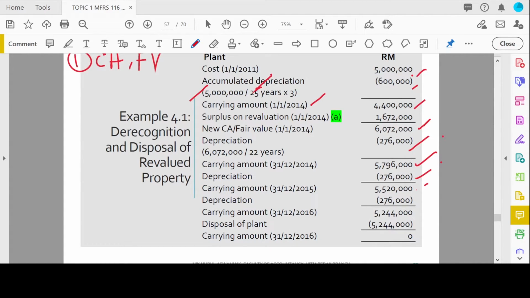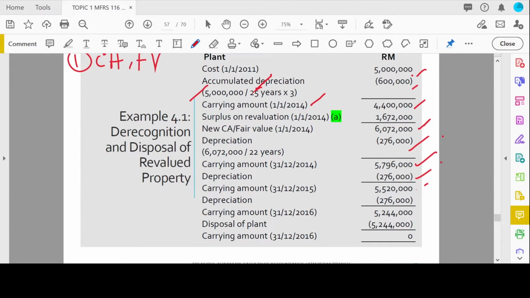And then in year 2016, because the disposal only took place at the end of the year, and there is no statement or policy saying that there is no depreciation in the year of disposal, we are going to keep on providing for depreciation until the date the asset was disposed.